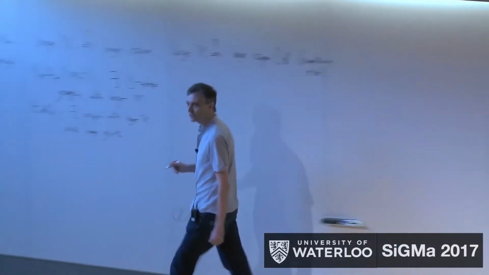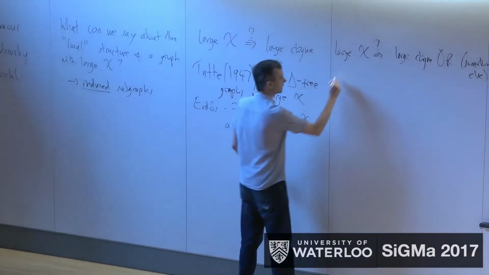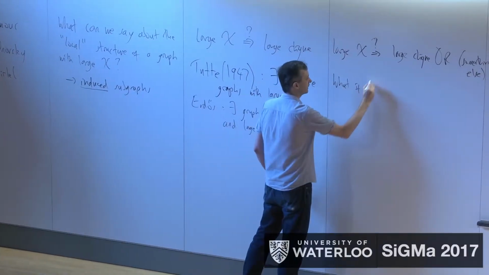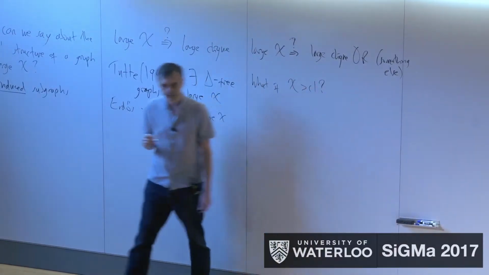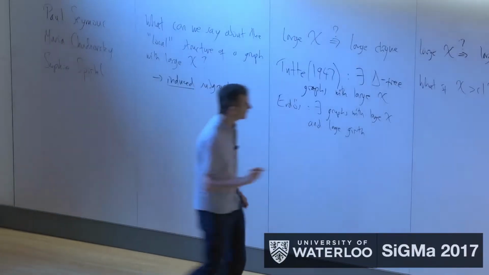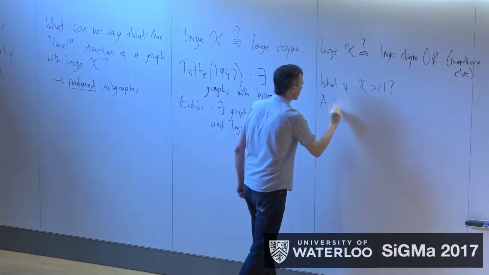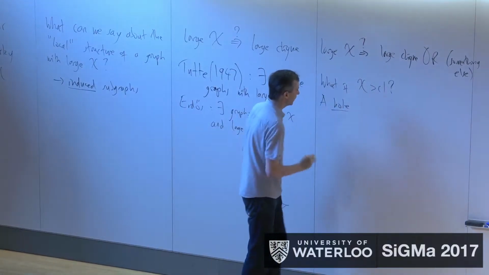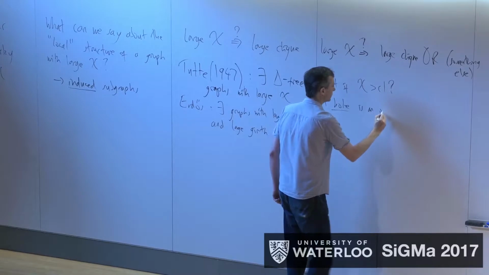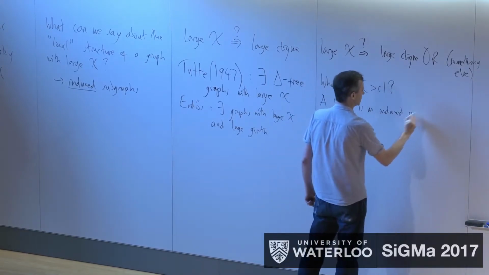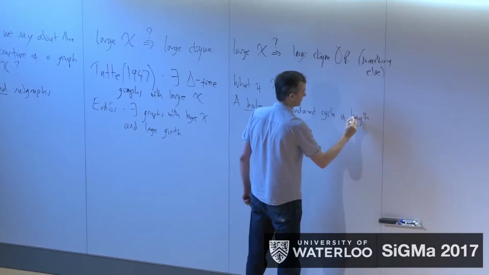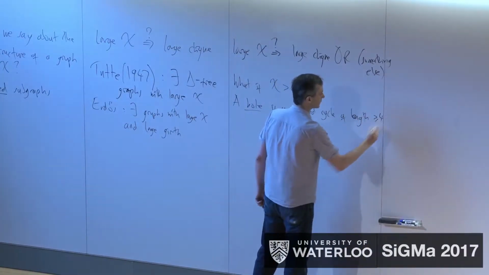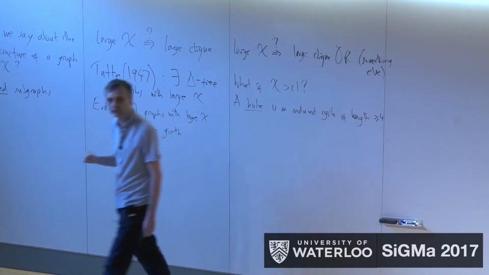What's the first question you could ask of this form? Well, you could say, what if the chromatic number is bigger than the clique number? Now I need to define a couple of things. They've been defined a few times already, I think. A hole is an induced cycle of length at least 4, so triangles don't count.